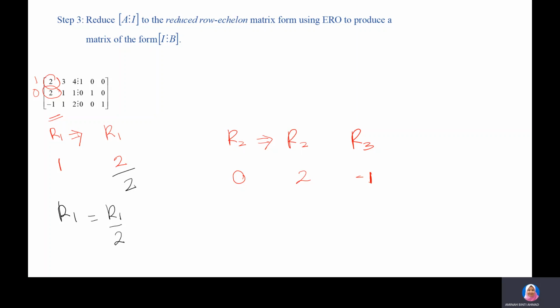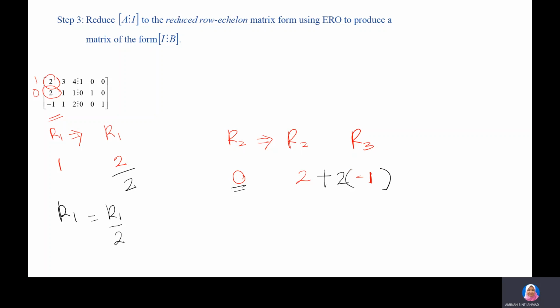So our goal is to make sure row 2 equal to 0. So you have to put 2 minus 2, right? So 2 minus 2 we get 0. Here we already have negative, so you just need to plus with 2.